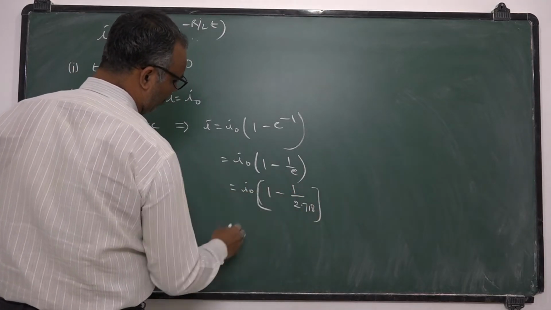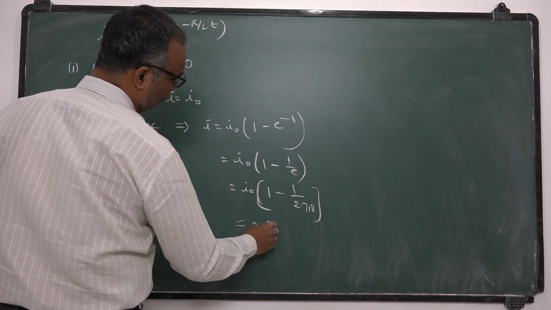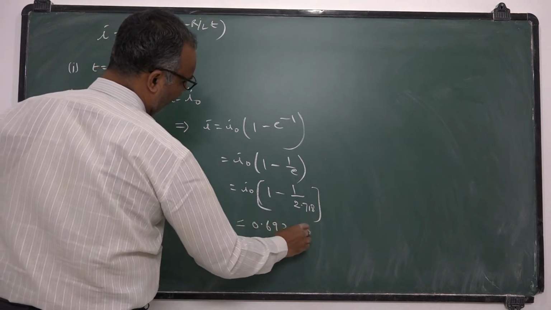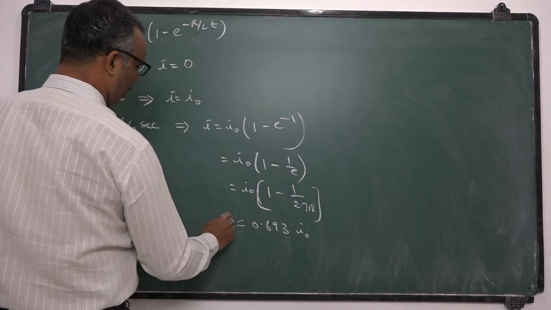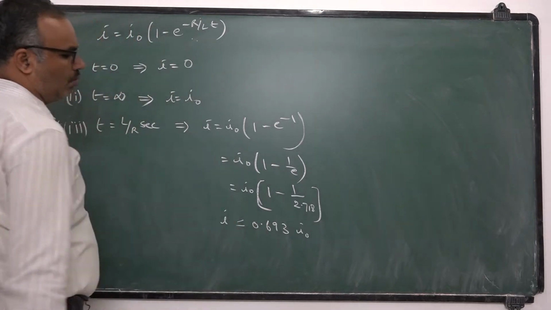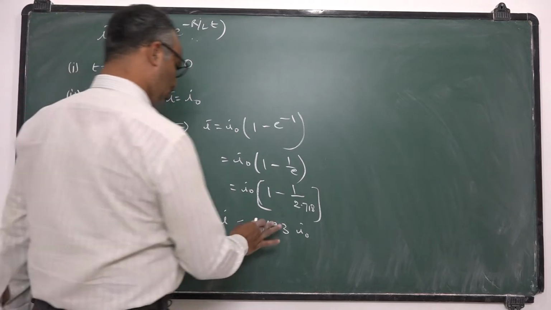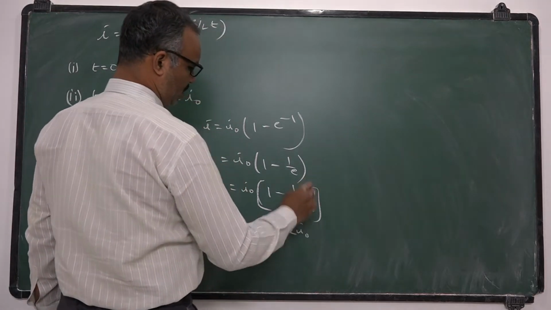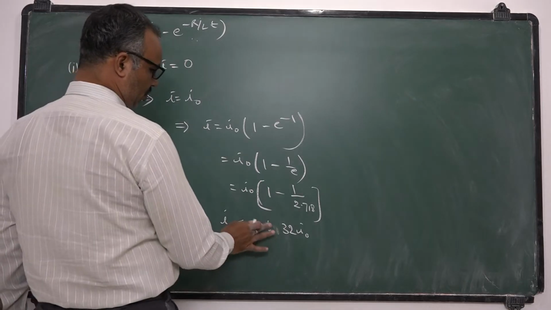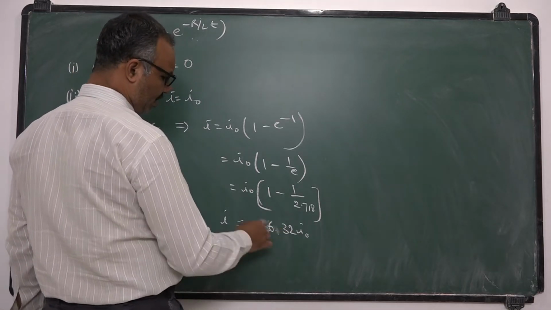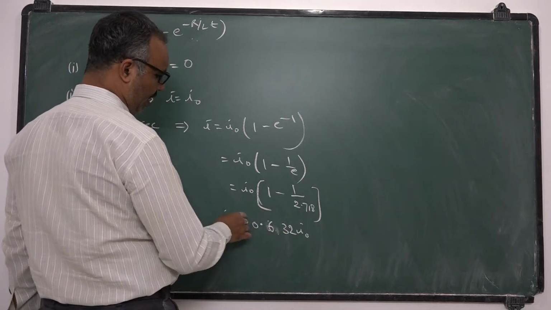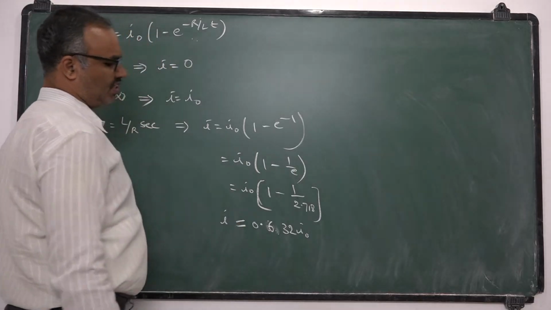So if you simplify this, 0.632 I naught. The current grows to almost 63% of the maximum value.